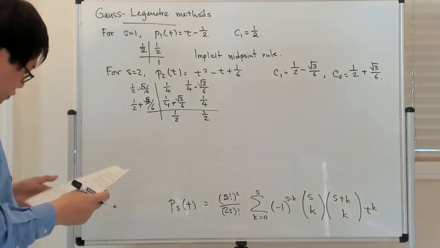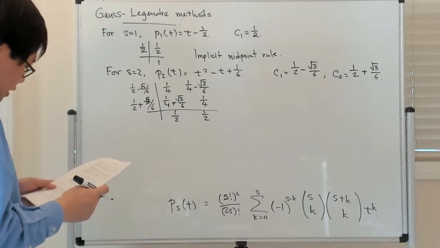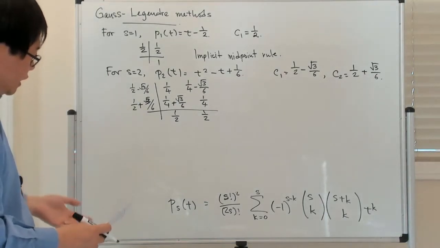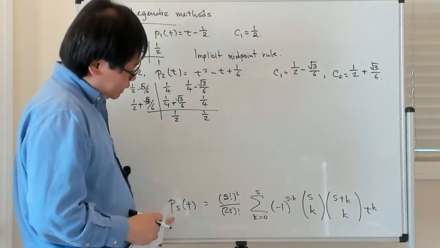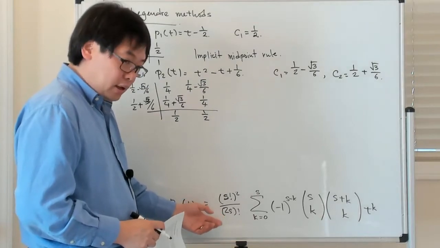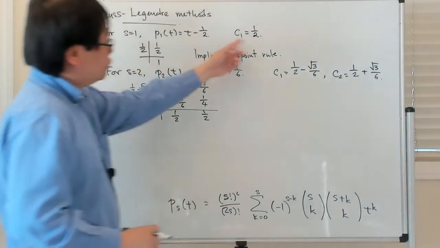And of course you can go on, but I won't belabor the point. Suffice to say, there is an explicit expression for the degree s orthogonal polynomials, and once you compute that, you can find the roots of the polynomials.